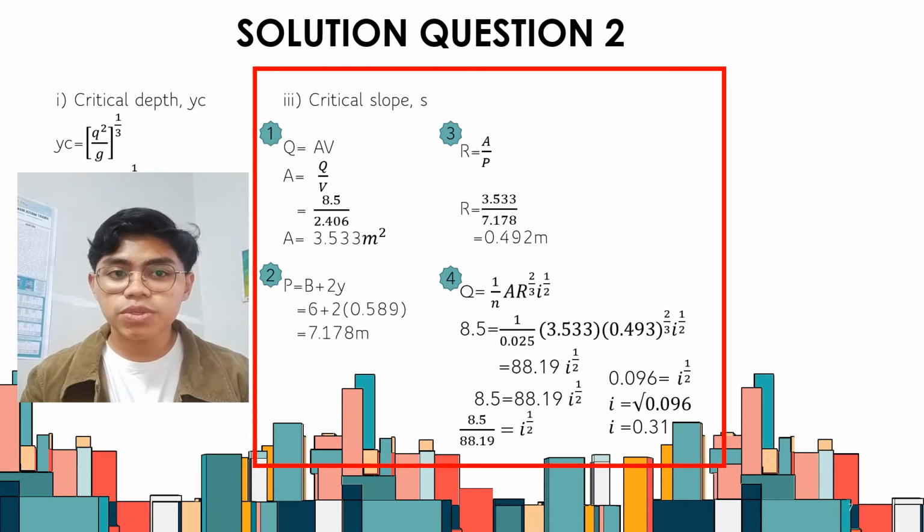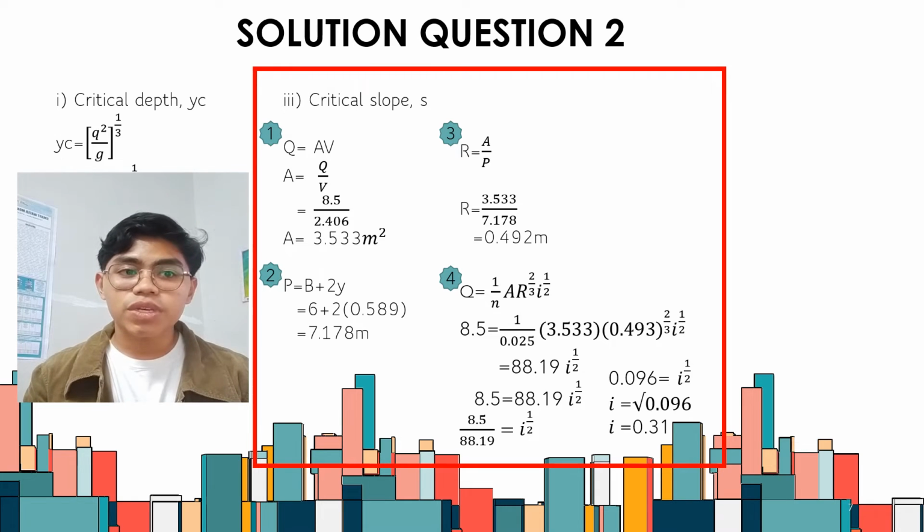Right, now we're going to settle the equation number 3, which is critical slope S. So basically, to get the answer, we must solve the Manning equation of Q, which contains 1 over n times A R power of 2 per 3 and I power of 1 per 2.